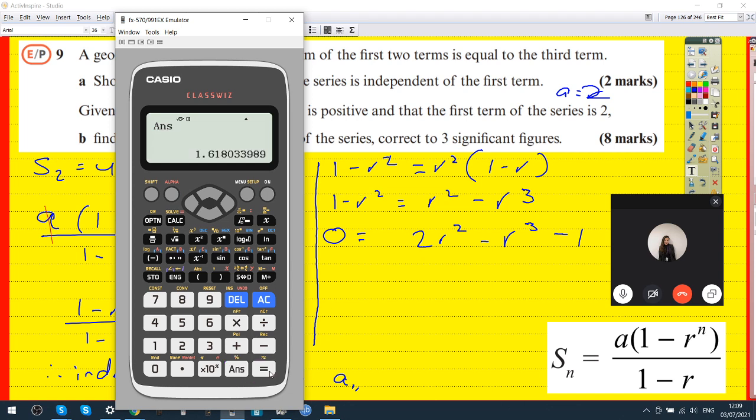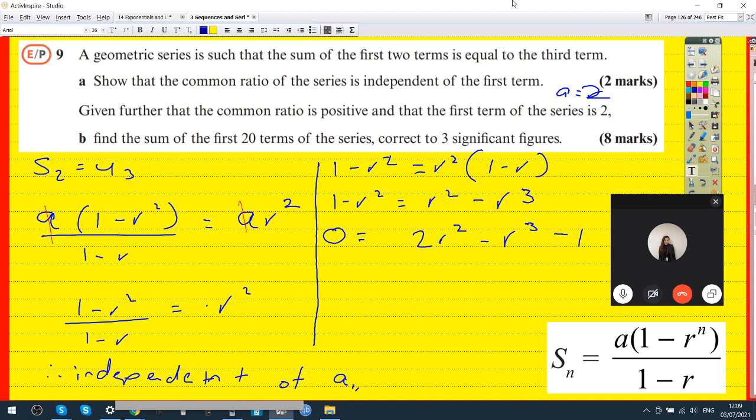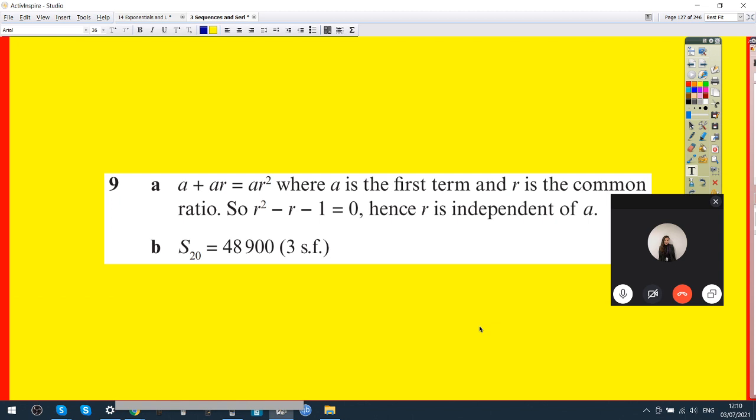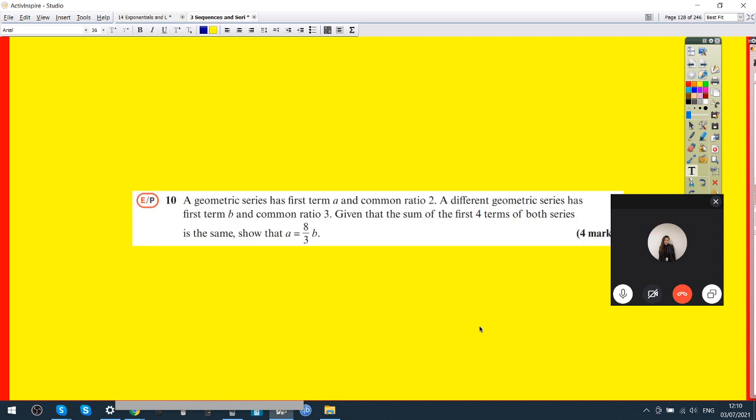I was trying to get it as a fraction. Alright. So then we have R, and they gave us A. They want the sum to 20 terms, so n is 20, and we sub all three into the sum to 20 terms. Okay, grand.